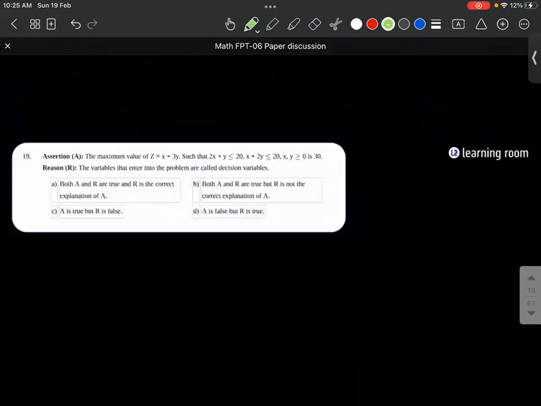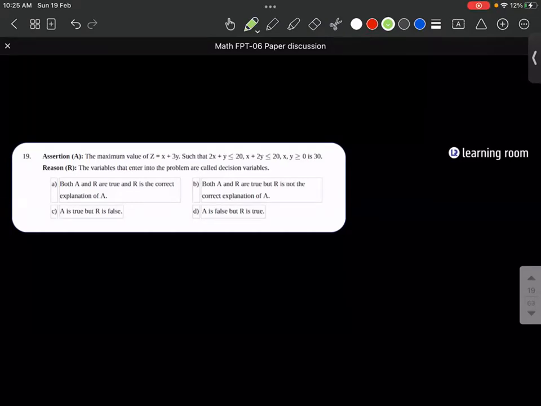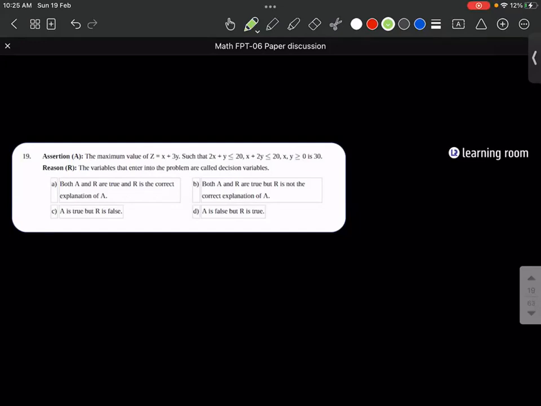Assertion. The maximum value of z is equal to x plus 3y such that 2x plus y is less than or equal to 20, x plus 2y is less than or equal to 20, and x comma y is greater than or equal to 0 is 30. Is that right? Yes, sir. Okay, A is correct.